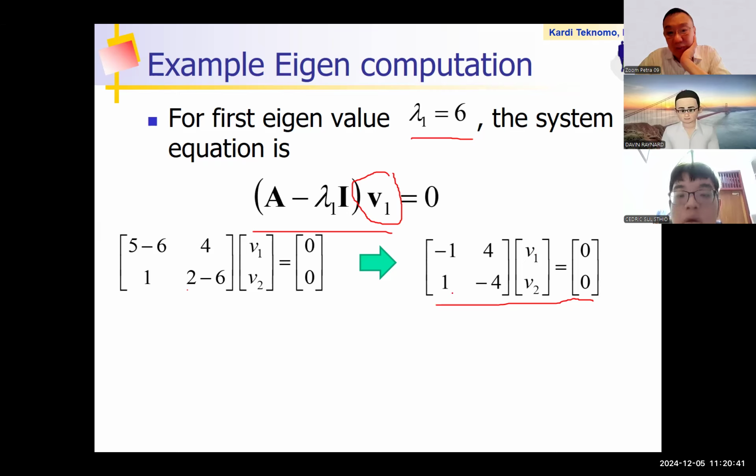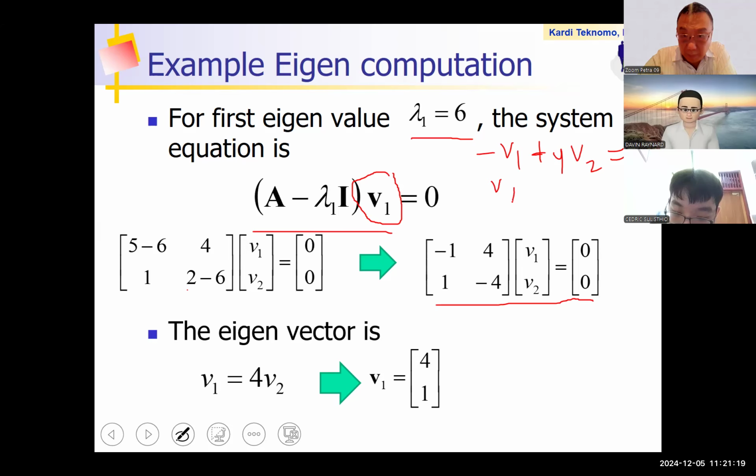That means what you have. So this is the first equation. The second equation is V1 minus 4 V2 equals 0. Okay? So can we say that V1 equal to 4 V2, right?